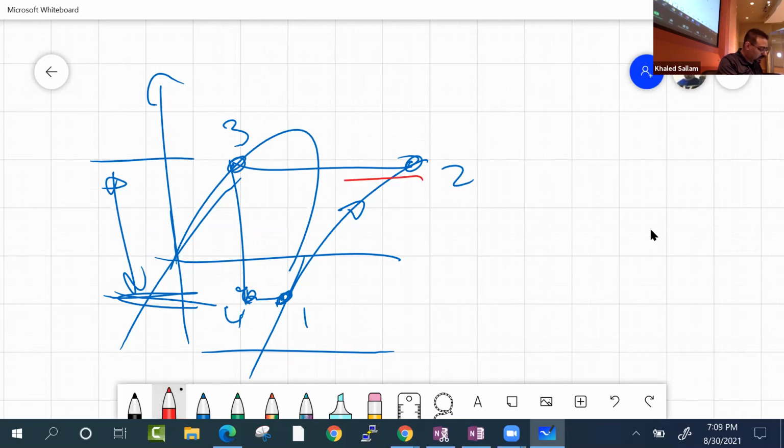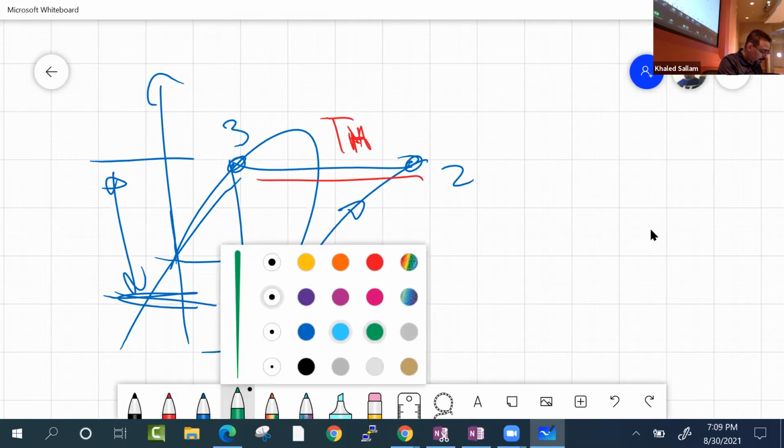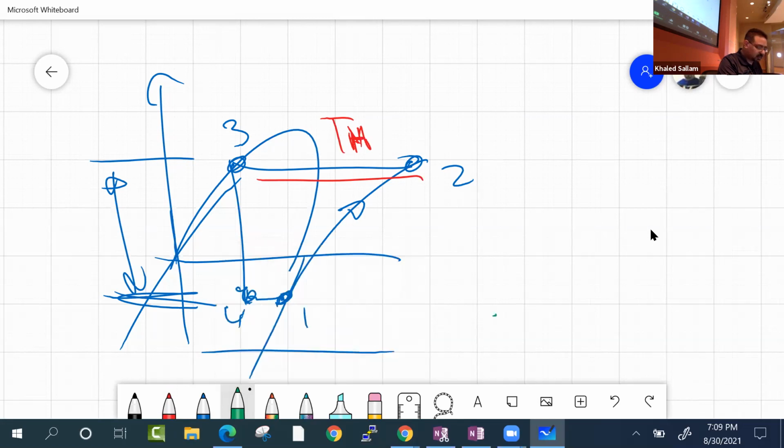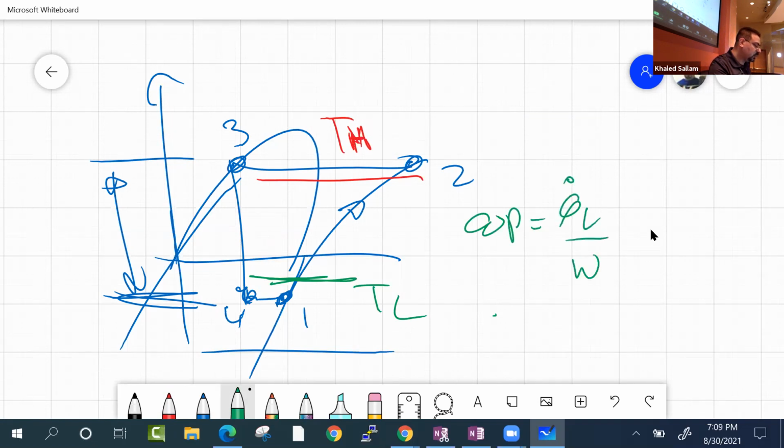If this TH that you are trying to communicate with and this TL that you're trying to cool have a very big temperature difference, you can see why the COP will be small, right? The COP would be Q dot L over work.